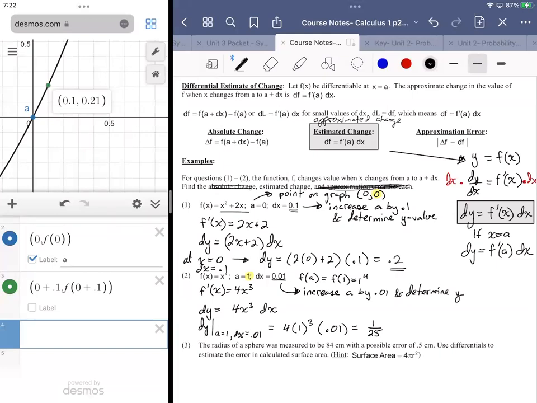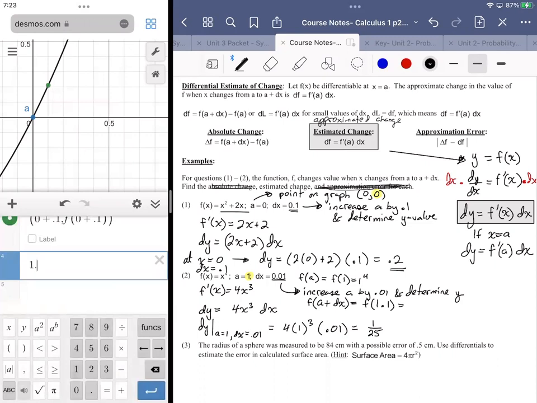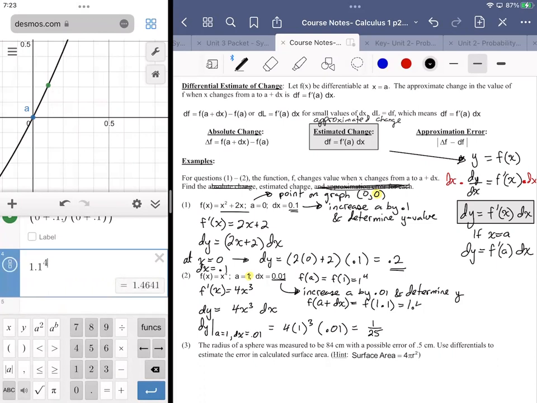So that would be the same as saying f of whatever the a is plus the dx, which would be f of 1.1, 1.1 to the 4th power is 1.4641. That's nowhere near 1/25.